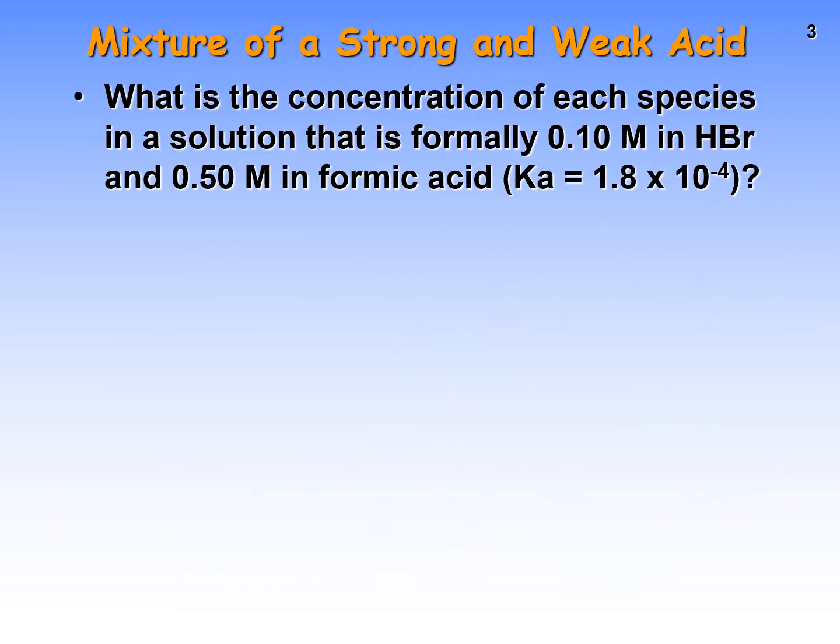acids. All right, so let's do a problem that has a strong acid and a weak acid involved, right? So we have HBr, that's our strong acid, and we have formic acid, that's our weak acid. Now, I know that HBr with water is a one-way dissociation.